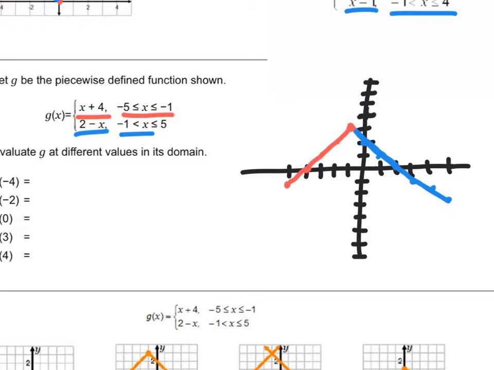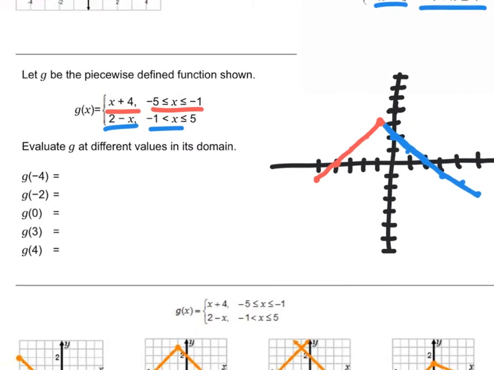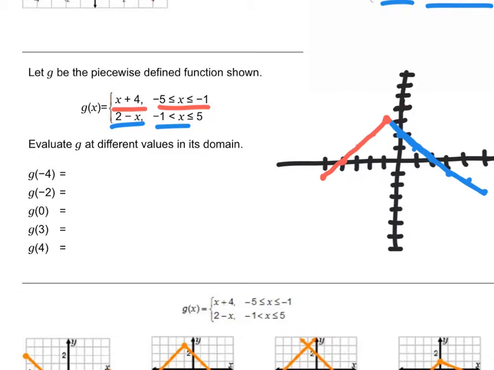Okay, so we got this graphed. We took a little bit of time to do that. And then what we're being asked to do is we want to evaluate the function at these different values. This is where things kind of get tricky. So if it wants me to evaluate g of negative 4, okay, negative 4 is right here.